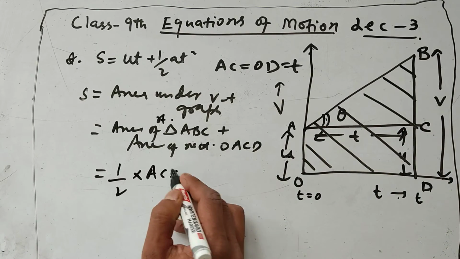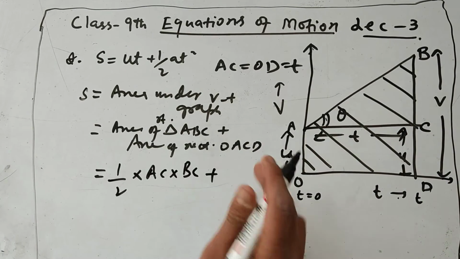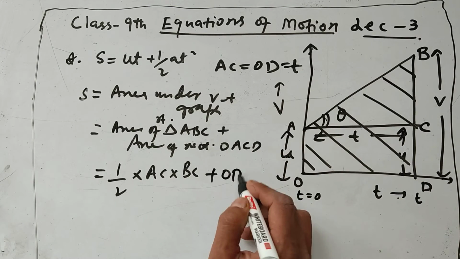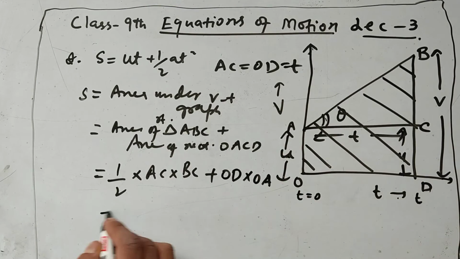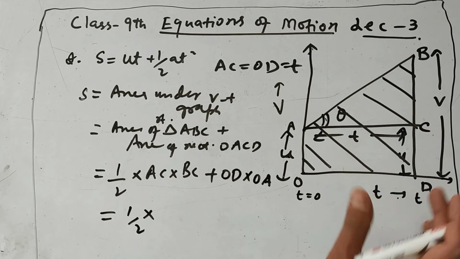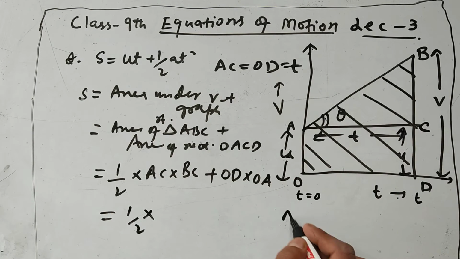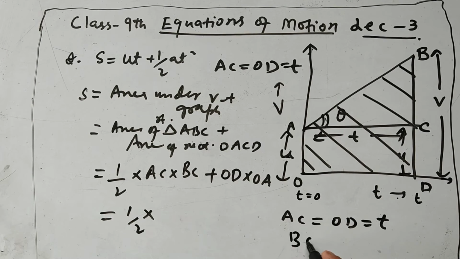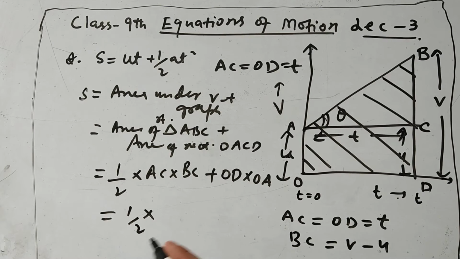Base is AC into altitude BC, plus the area of the rectangle, length into breadth, that is OD into OA. AC is equal to OD is equal to T, and BC is equal to V minus U.